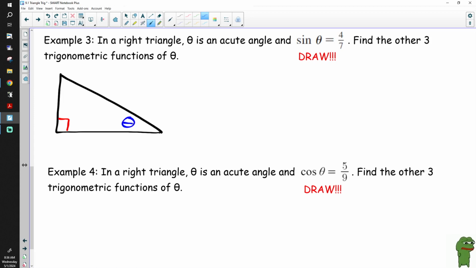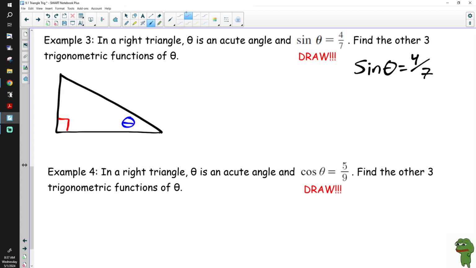If sine of theta is 4/7, that means what sides do we know right now? We know two of our sides. We know the opposite is 4, and we know the hypotenuse is 7. So we go to our picture and we add them in.